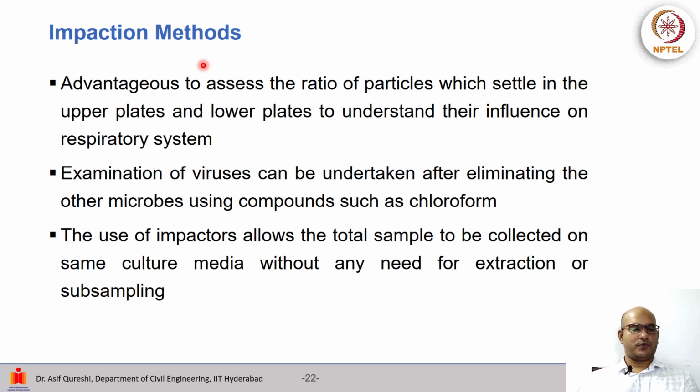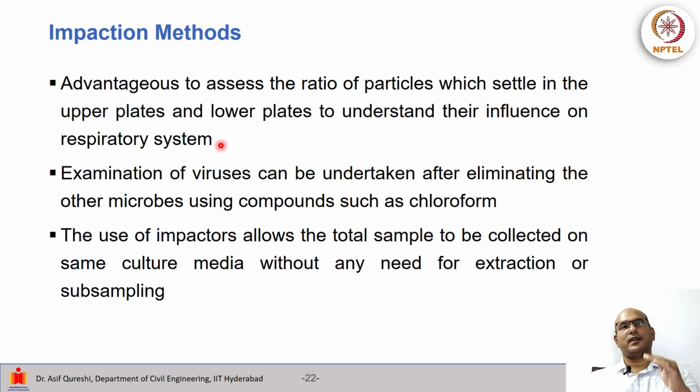Impaction methods are usually advantageous because they allow us to assess the ratio of particles which settle in the upper plates and those that settle in the lower plates, and to understand their influence on the respiratory system. Because when we separate these microbes by sizes, we know that the smaller sizes are more likely to be inhaled by humans.